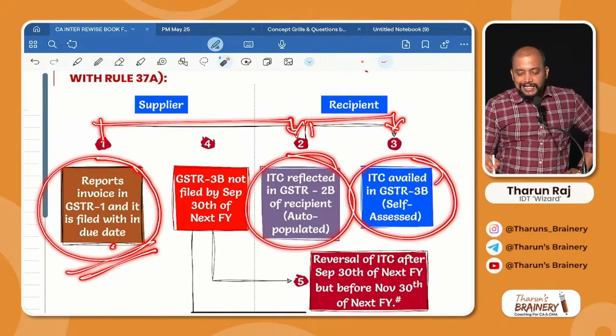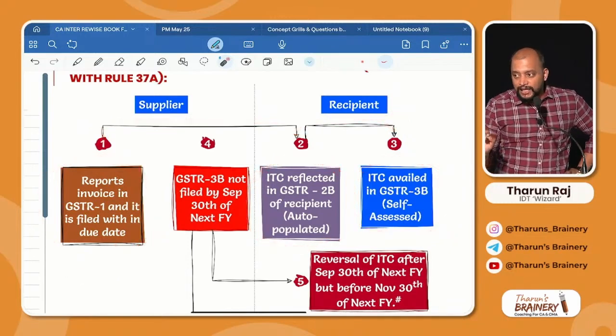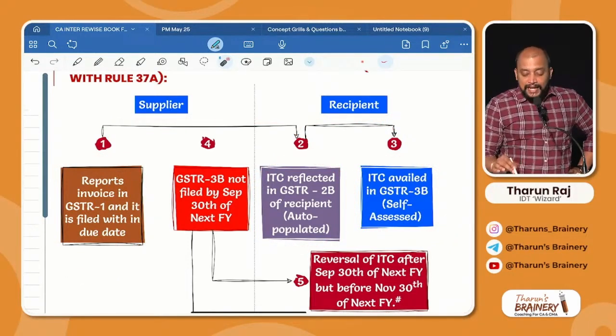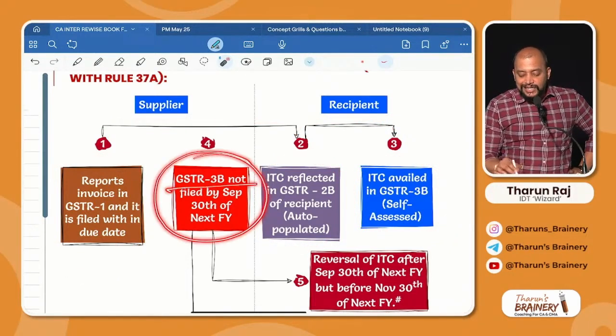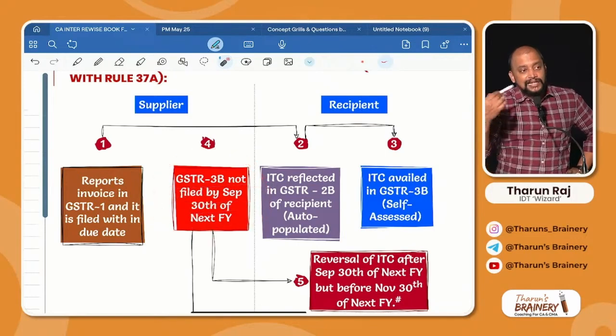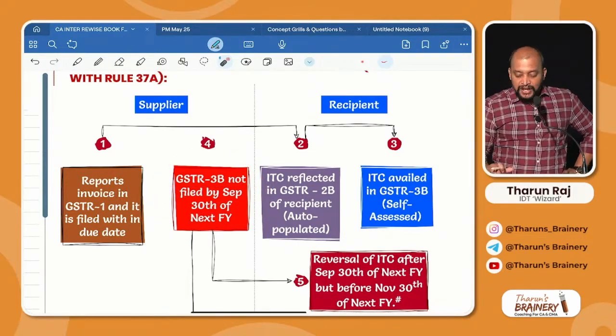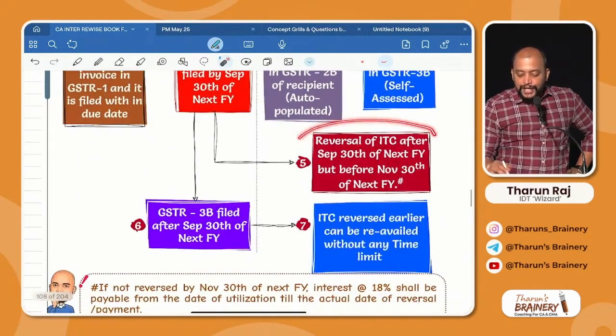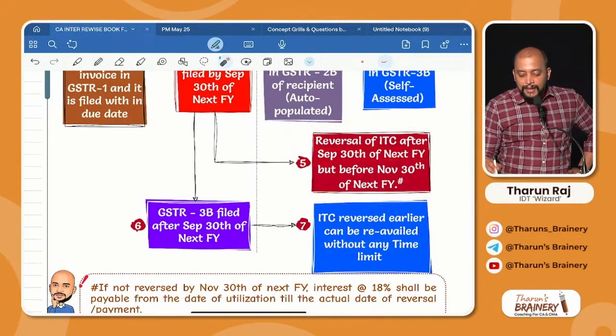He took the ITC in his 3B. This is normal. Now, supplier has not filed GSTR 3B by September 30th of next financial year. So what should the recipient do? He needs to reverse the ITC after September 30 but before November 30 of the next financial year.